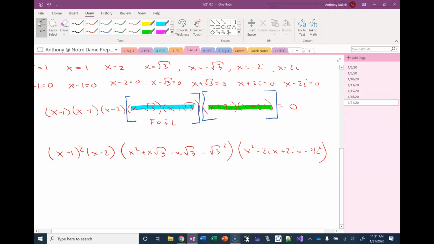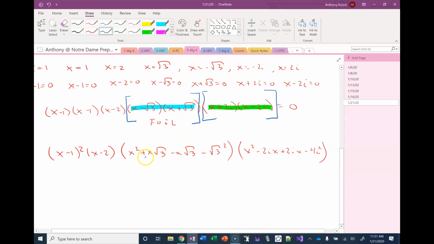Everybody good with the foiling that I did there? Look at what happens, though, when I combine my like terms now after I foil. I have an x square root of 3 and a minus an x square root of 3.